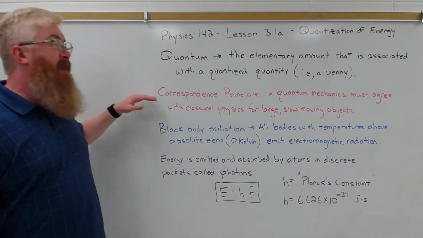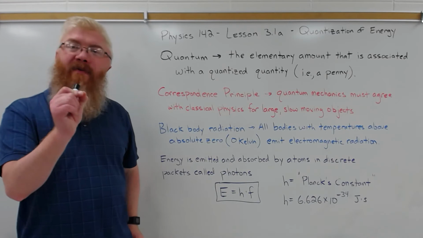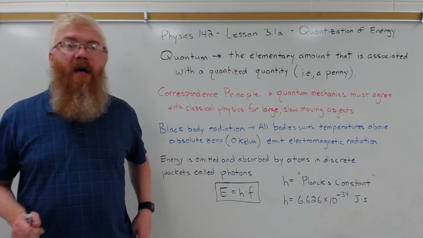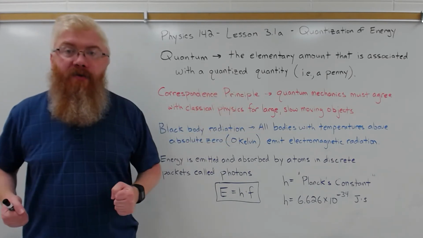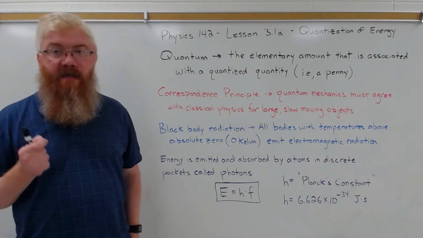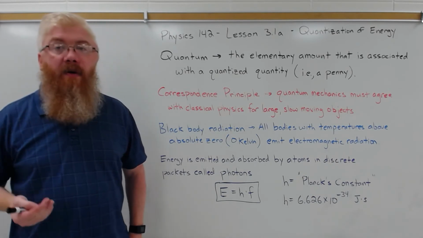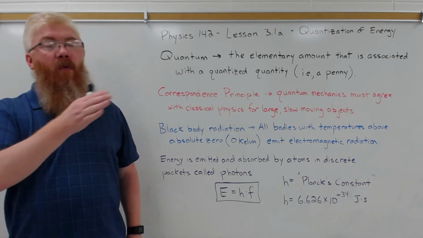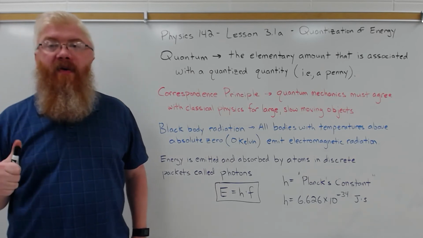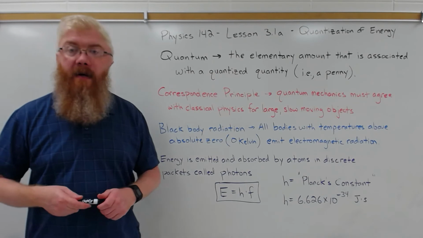This is called the correspondence principle. The idea that quantum mechanics, while the behavior might be weird on very small scales, when you get up to the scales like this classroom, or the scales that you and I can see with the naked eye, classical physics dominates. Quantum mechanics must nicely dovetail into the classical equations we've already talked about. Relativity has to dovetail very nicely into the classical understanding of kinetic energy and momentum that we learned about last semester.